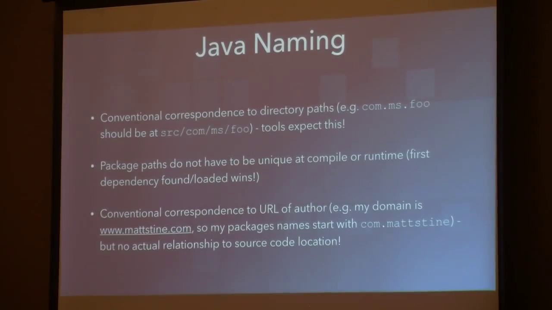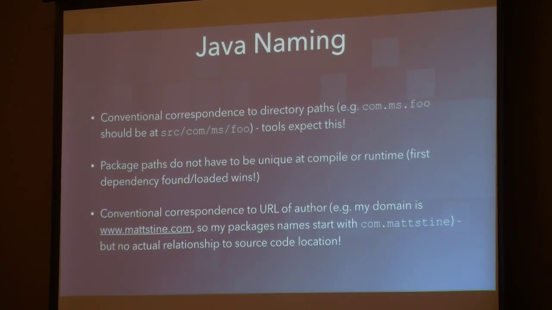So, naming. You read the spec for Java: conventionally, the directory path and the package name for code match up, although that's not actually required. All the tools expect it, but the spec doesn't make you do that. Package paths do not have to be unique at compile or runtime. Now this is something that I will say is evil.